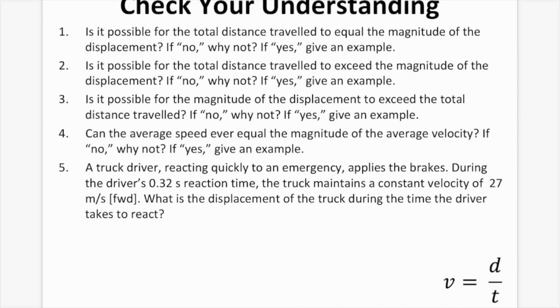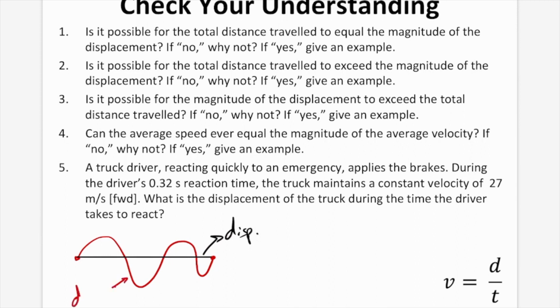Okay, so let's start at number 1. Is it possible for the total distance traveled to equal the magnitude of the displacement? If no, why not? If yes, give an example. Well, let's just take, for instance, a starting point here and an ending point there, and we go like that. Now the displacement would be the straight line, and the distance would be the squiggly line.